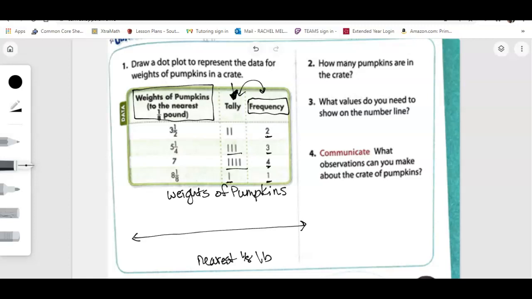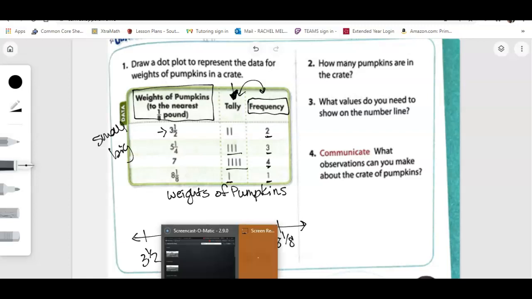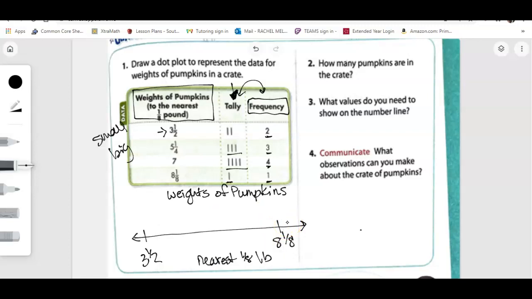So just like I saw before, I want to look for the smallest number and the biggest number. It looks to me like 3.5 is the smallest, and it looks like the 8 1/8 is the biggest. Now, on this one, there are only 4 numbers to be labeled, so because I can easily see that there are only 4 measurements, I'm going to just put those 4.